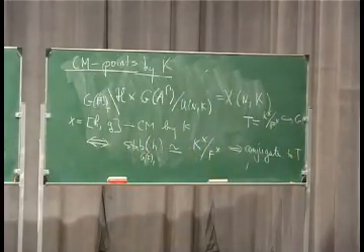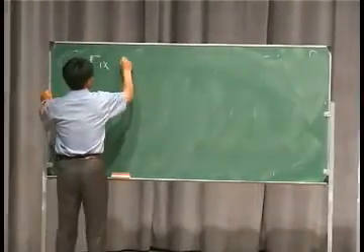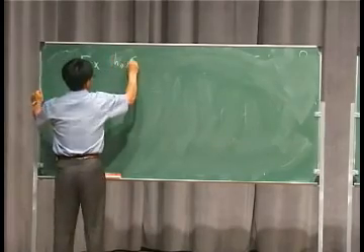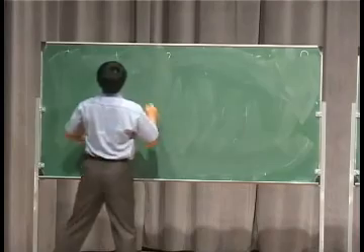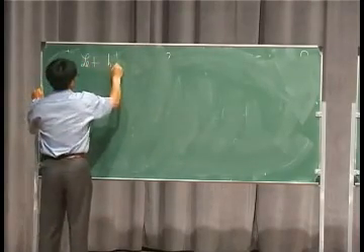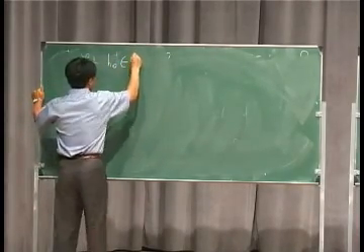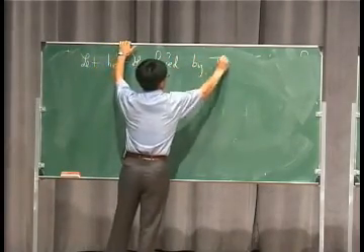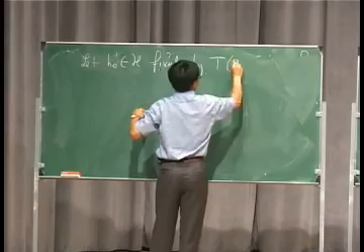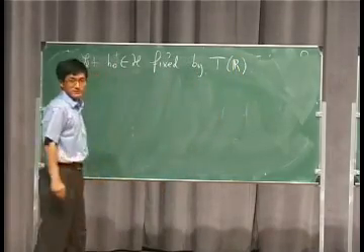Since this is the case, what do we do? We can fix one point. Fix h_0 inside the plane. Let h_0 be in the upper plane, fixed by T(R), doesn't matter, something. And this one is unique.